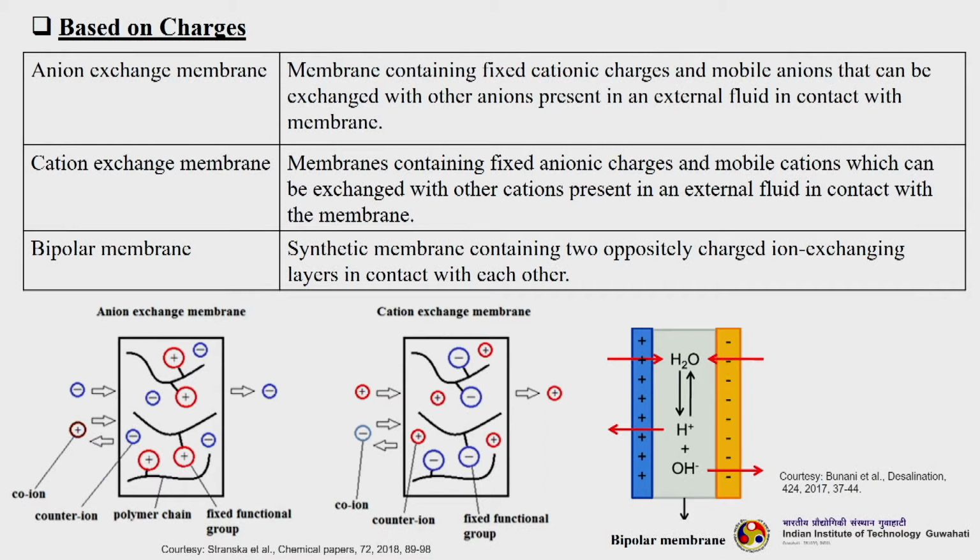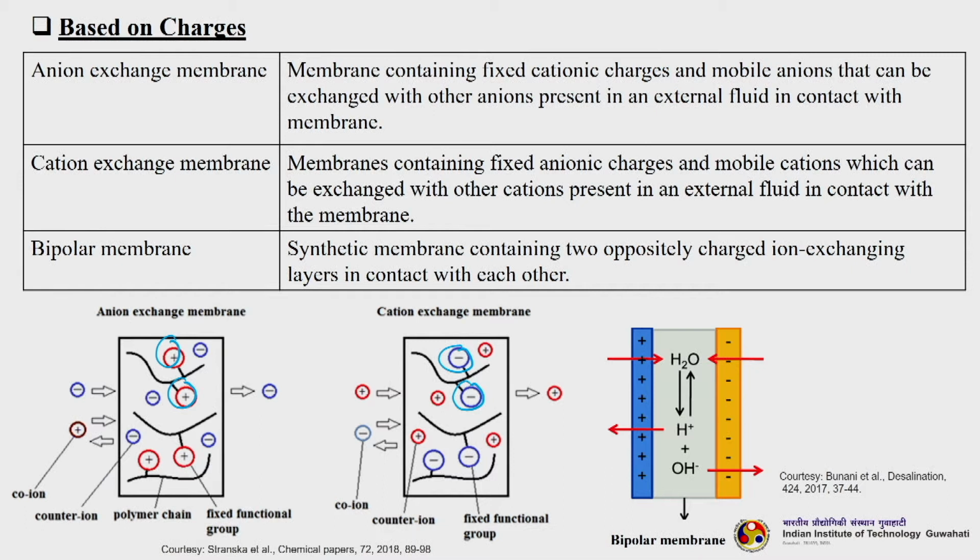Please see this figure, in which you can see that in an anion exchange membrane we have fixed cationic charges. These are the fixed cationic charges, fixed inside an anion exchange membrane. So, an anion exchange membrane means this membrane will have fixed cations and will exchange anions. Similarly, a cation exchange membrane has fixed anions, and this will exchange the cations.